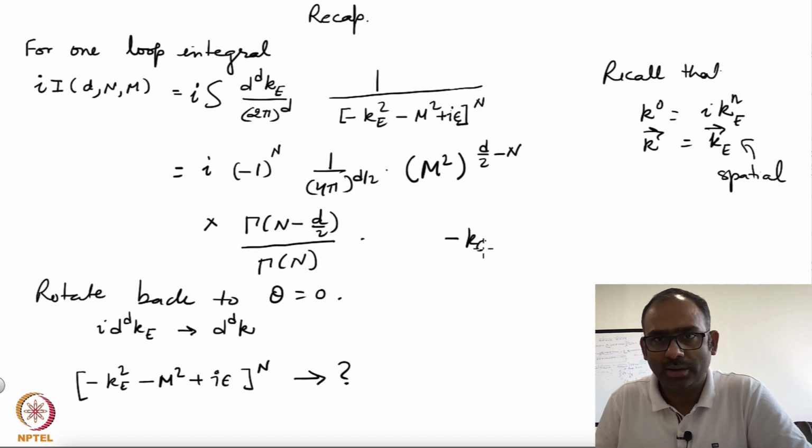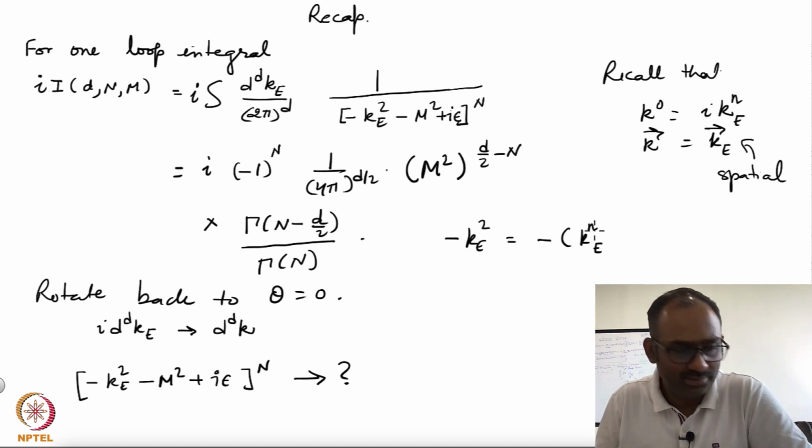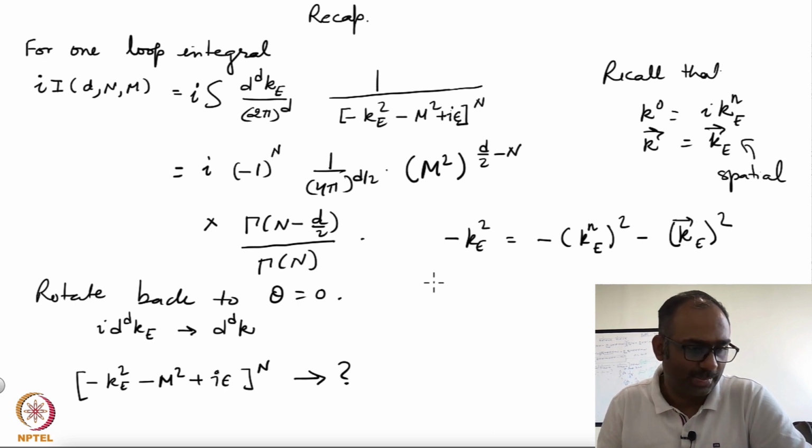Minus k_E square is minus k Euclidean n square, okay, that is the nth component, and then you have minus k Euclidean vector square.